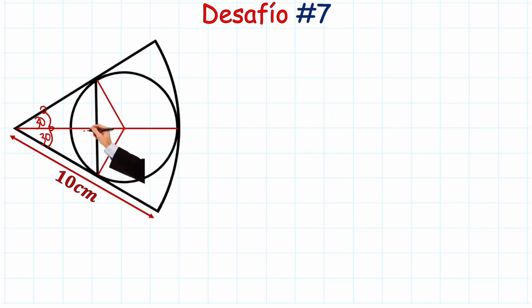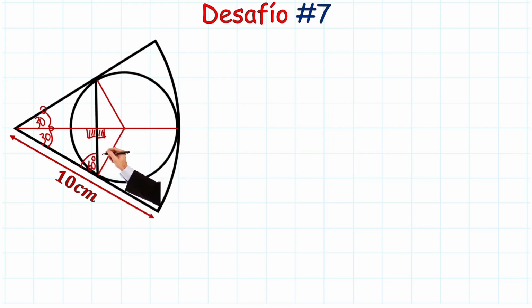Fantastic. Over here we have two perpendicular lines. This chord and this line we just made are perpendicular, so there are 90 degrees here. If there are 30 here and 90 here, this must be 60 degrees. Now here we will also have 90 degrees.